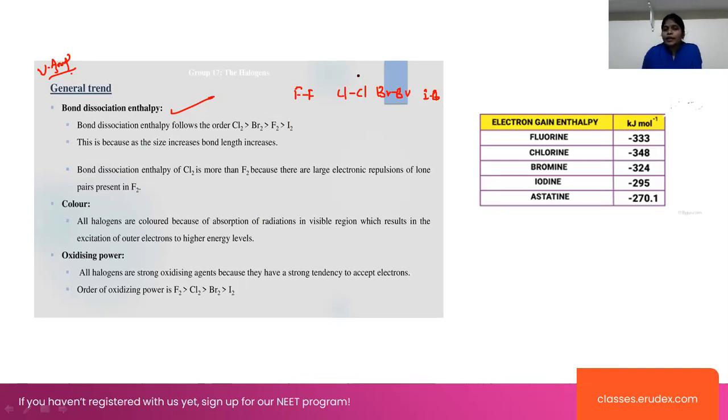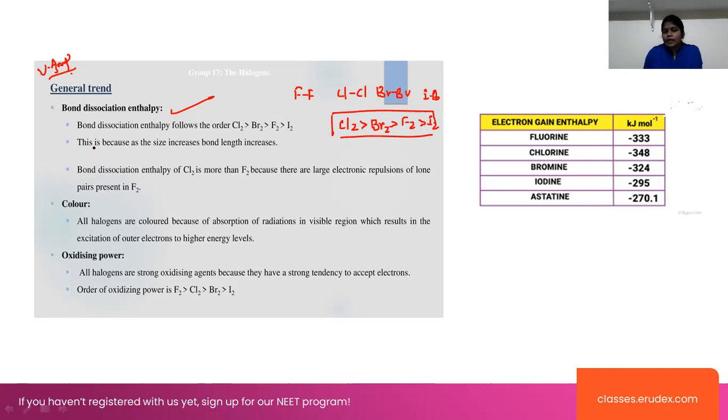But in the case of chlorine and bromine, size increases, which means repulsions decrease, and these have high bond dissociation energy. That's why we say Cl2 is greater than Br2, then F2 and I2. This is very important from the examination point of view.